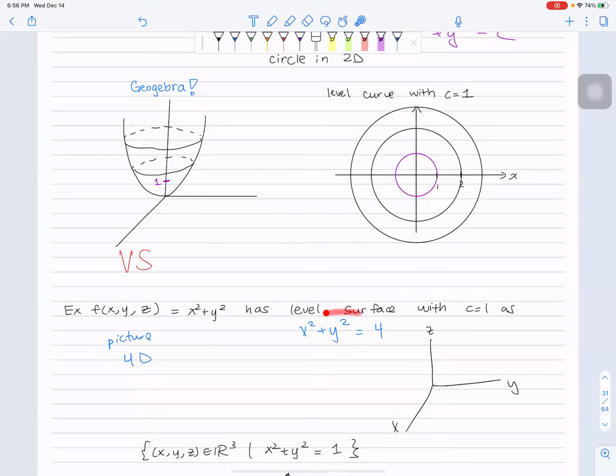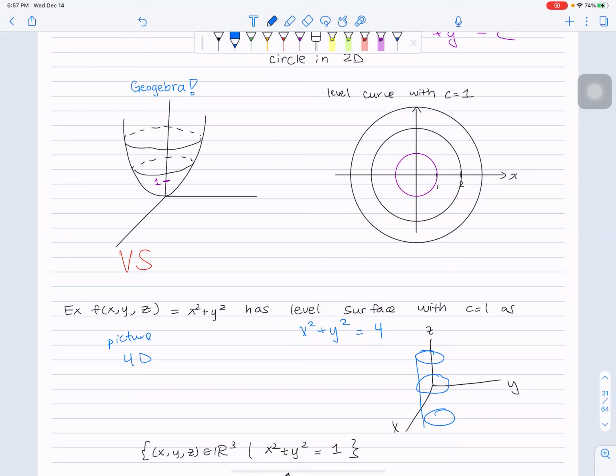If x squared plus y squared is 4, that means I have some circle in the xy plane of radius 2 if z is 0. But from this equation, they don't specify what z has to be. Z could be anything it wants to be: 0, 5, -5, anything.